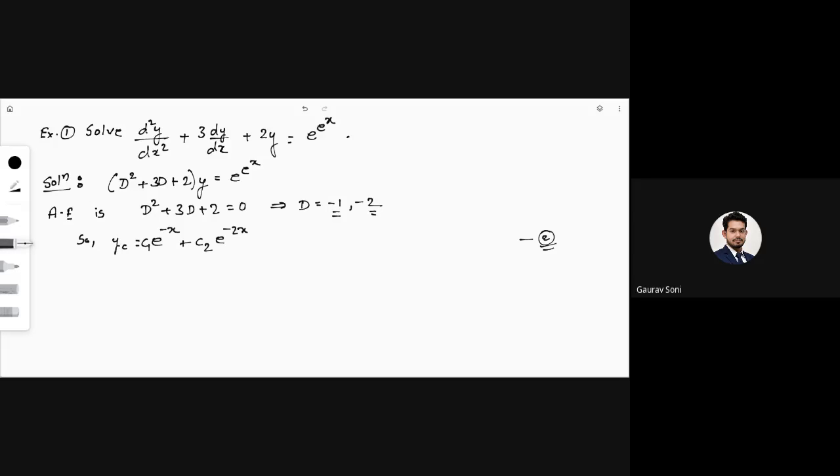Now I will go ahead. yp will be equal to 1 upon D square plus 3D plus 2 e to the power x.